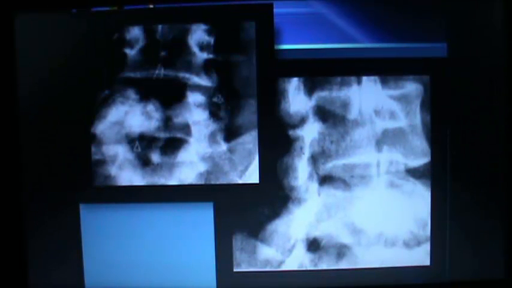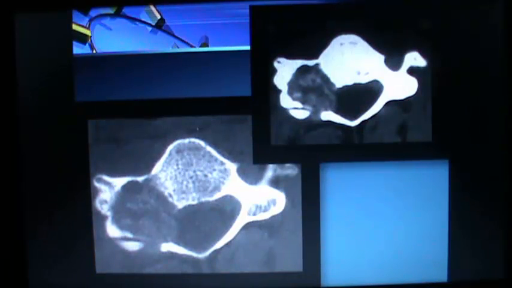Now this one is showing a deformed sclerotic vertebra due to osteoblastoma, and similar changes here. The osteoid tissue is aggressive with no chance to form central calcifications. So the difference from osteoid osteoma is the size, 1 to 2 centimeters in osteoid osteoma, and more than that, up to 10 or 12 centimeters, in osteoblastoma.